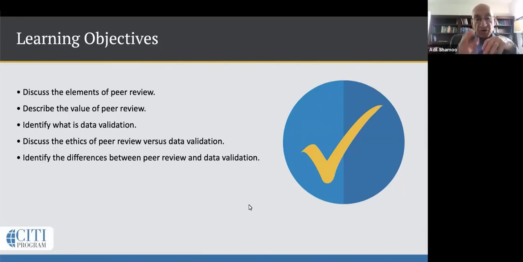I don't know if you've heard, but recently there's been more in the media and leading journals talking about it. Then we will discuss the ethics of peer review versus data validation and how we go about it. And we will identify the differences between peer review and data validation.